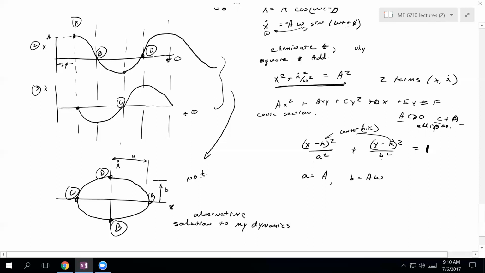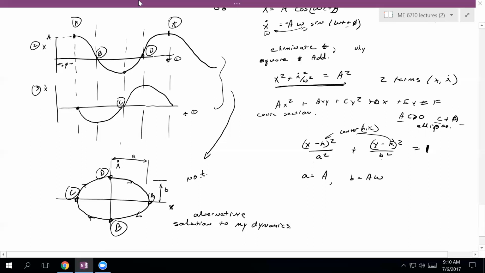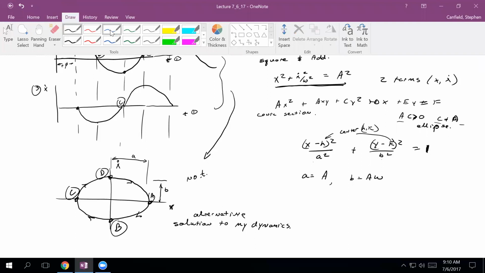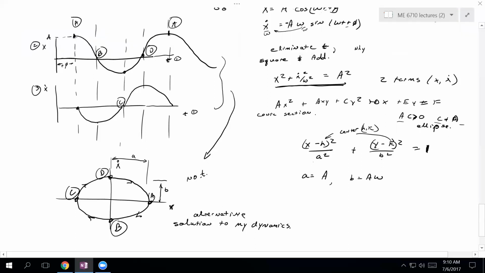Okay, you notice I start back at A, so I'm moving around. As time goes forward, I'm just marching my way around. I can see the cyclical nature. It's continuously closed. You can imagine if I had some decay in these problems, maybe the response started to look like this.